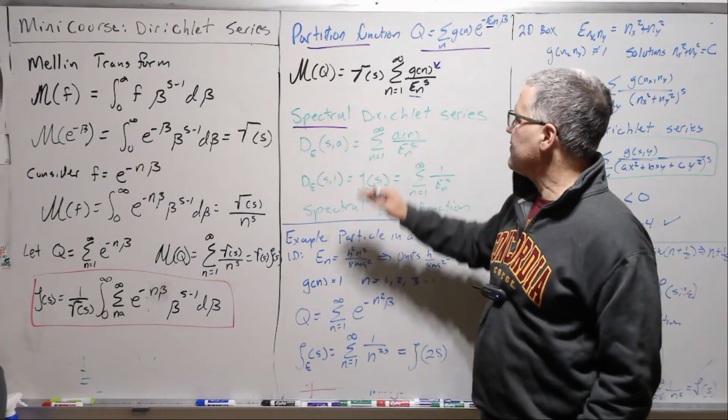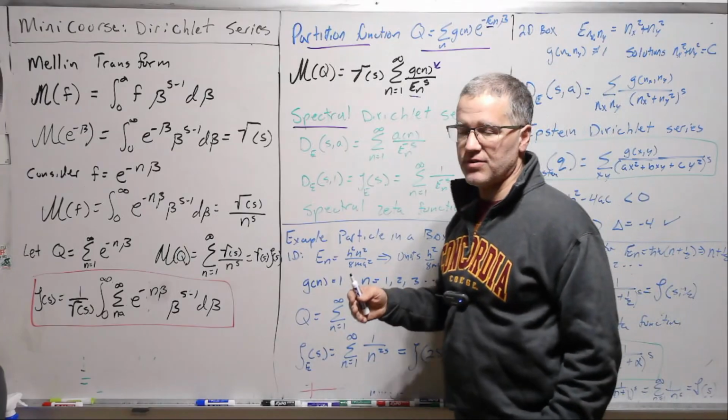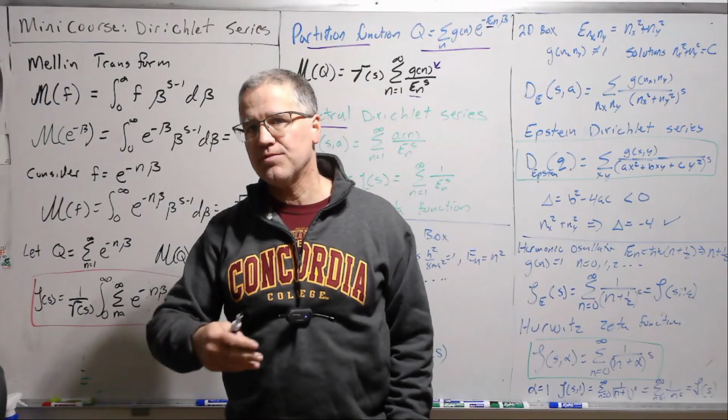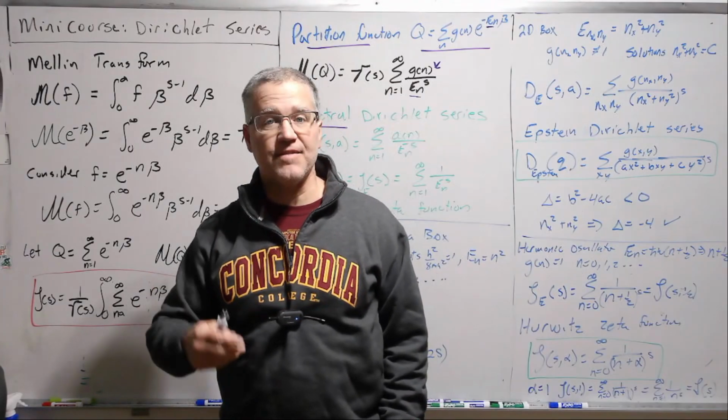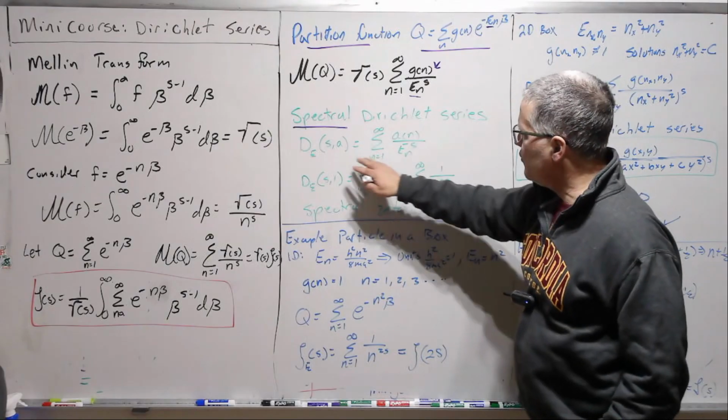And the spectral is coming from, in this case, the spectrum, the energy spectrum, but in more general, the spectrum to some sort of eigenvalue equation. Okay, so we have this version.